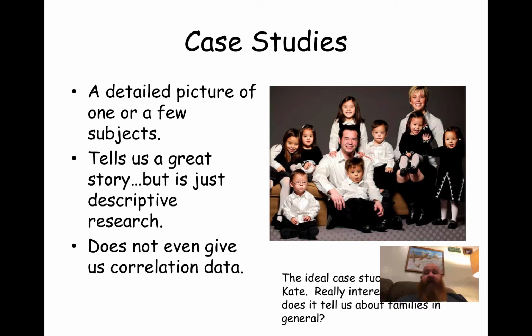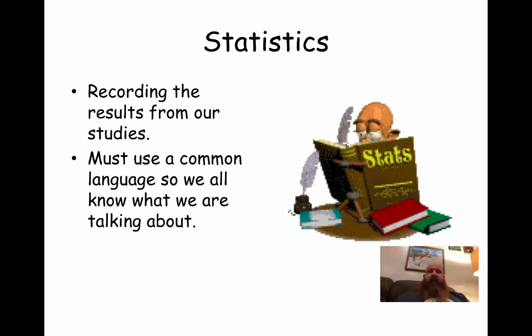They give you some in-depth, very descriptive research, but they are not very useful if you're looking for correlation or if variable A is related to variable B. And I don't know what that would be in whatever TV show that was. So those are a few of the different ways in which we get the information that we get as psychologists. I think we went over a few earlier in the previous session.